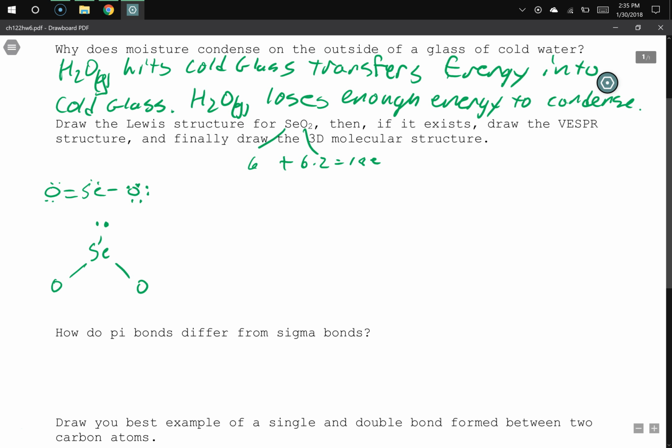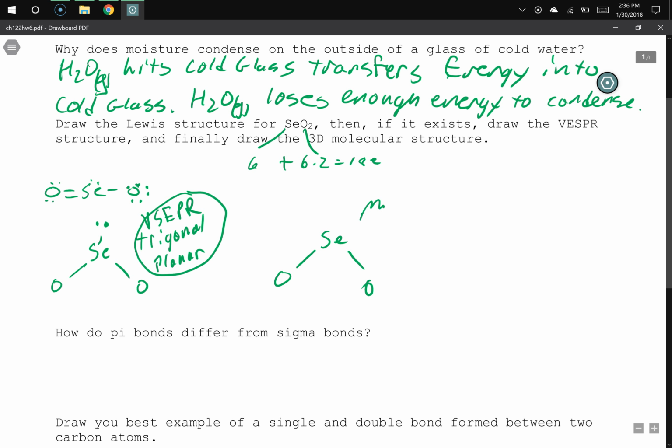So I have what for my VSEPR structure? And if I draw it again, sans the electrons, what do I have for my molecular?